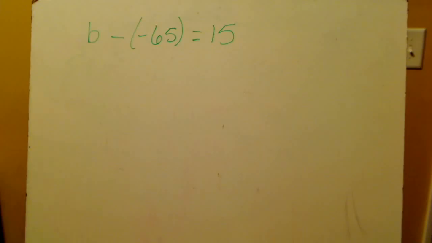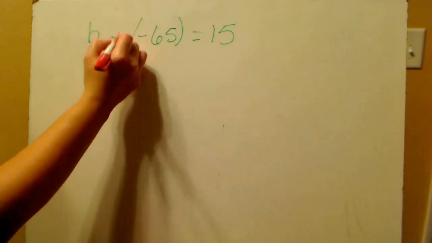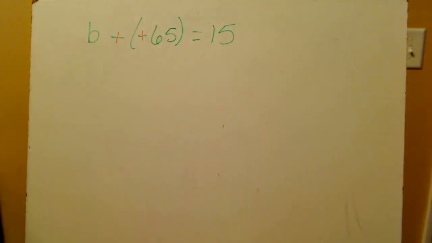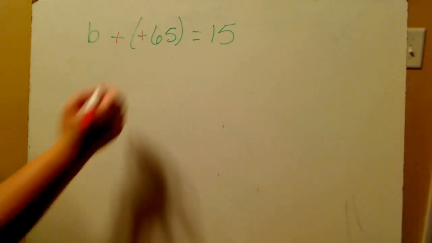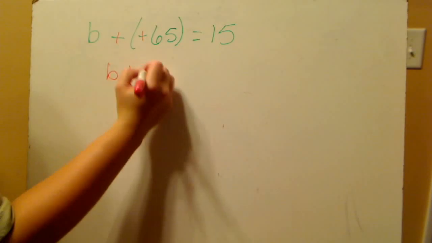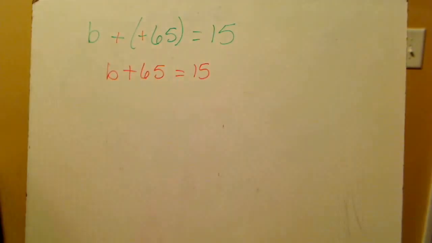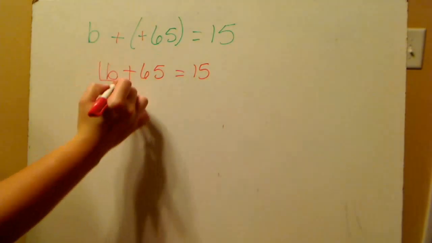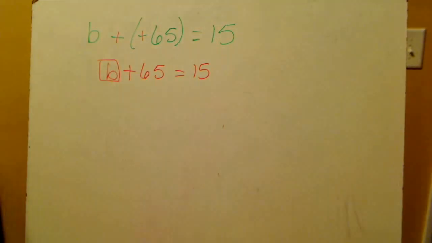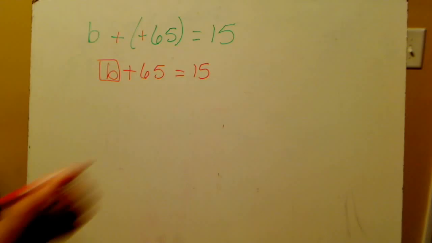Going back to your old integer rules, when you have negative negative, you just change it to add the opposite. So I'm going to take this problem and change it to where I'm now adding the opposite. Now I can rewrite the problem and it should look like something we just did. We have our variable on one side that we want to keep there. We want to move everything else over.